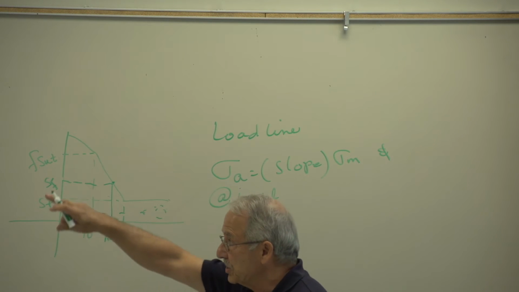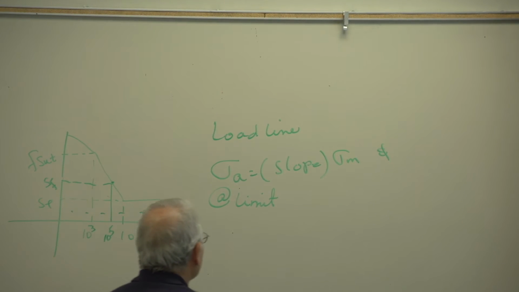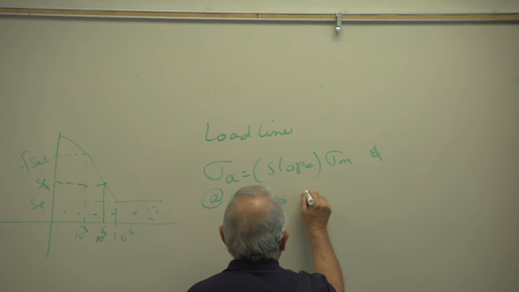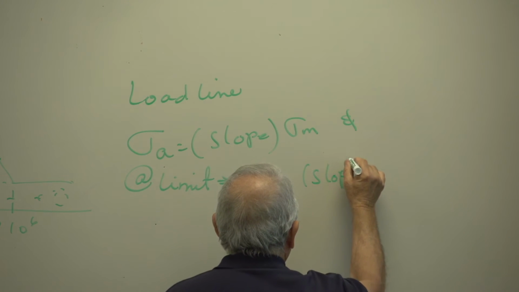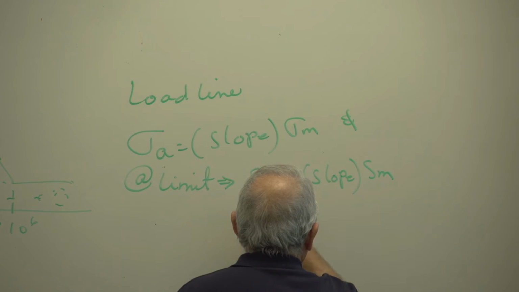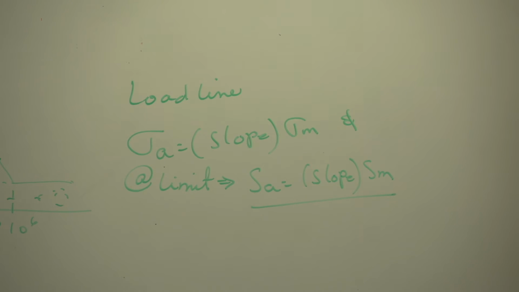Meaning when it crosses the strength line, then it becomes SA and SM. This is the one we use, SA and SM. In other words, we want to find the coordinates of points such as this.